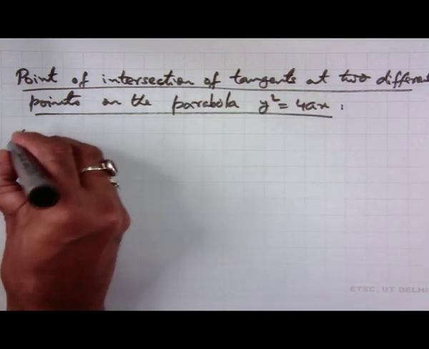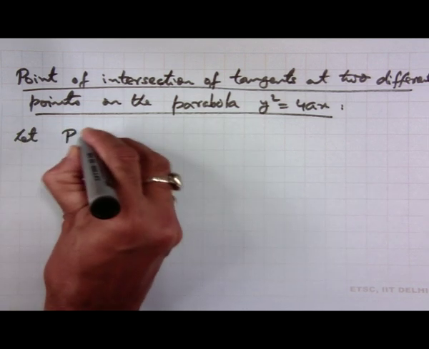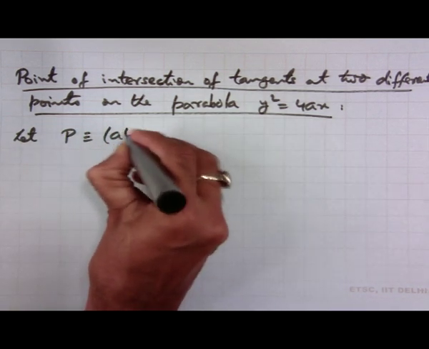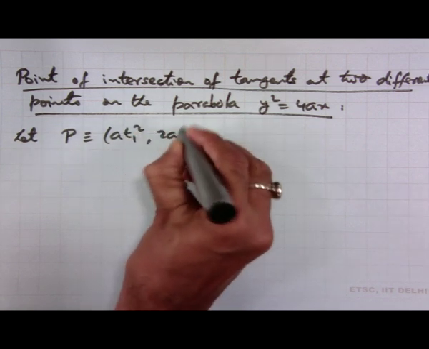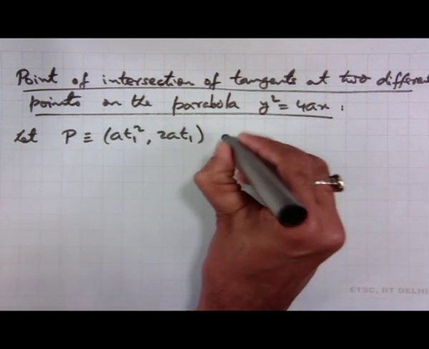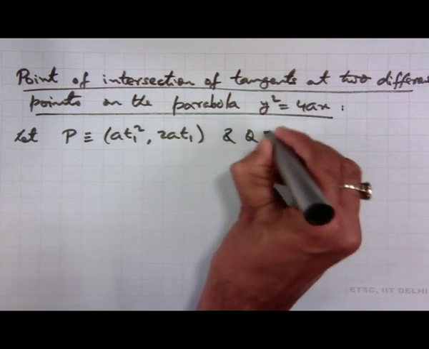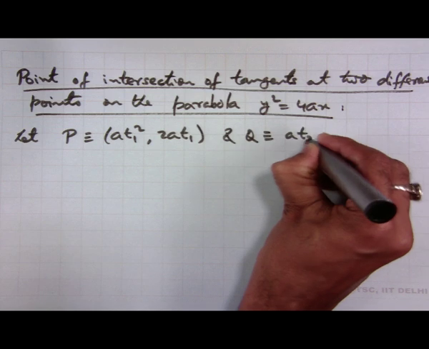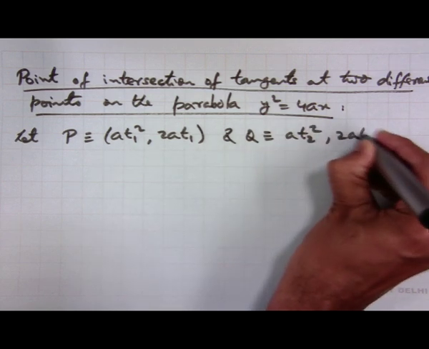So, let the points be P is (a t 1 square, 2 a t 1) and Q is (a t 2 square, 2 a t 2).